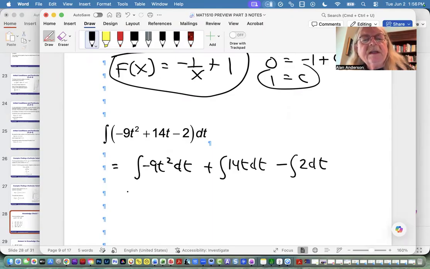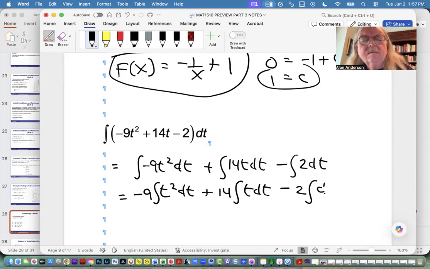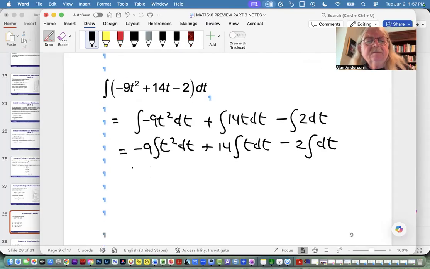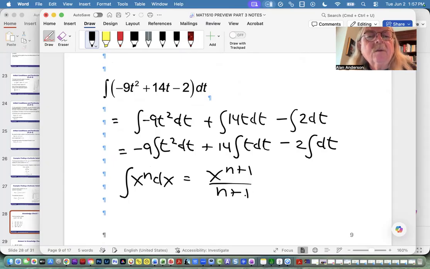Okay. Now we can factor out the constants. And then we can apply the power rule. And so what do we end up with?